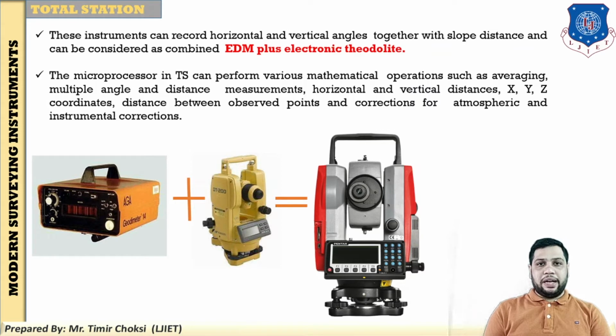One advantage is that all values are given with correction, eliminating atmospheric and instrumental error, and giving the most probable value. This is the most important instrument used nowadays in the survey branch.